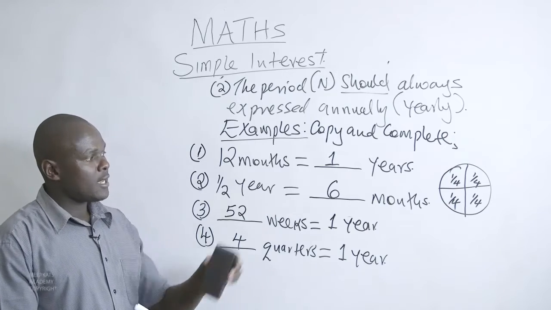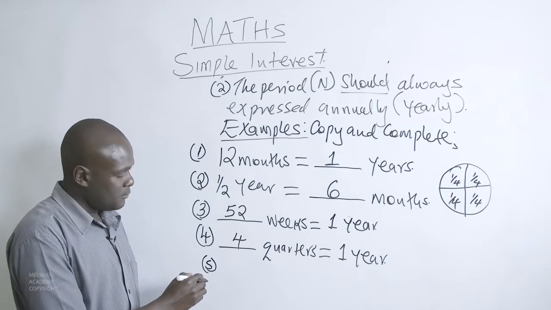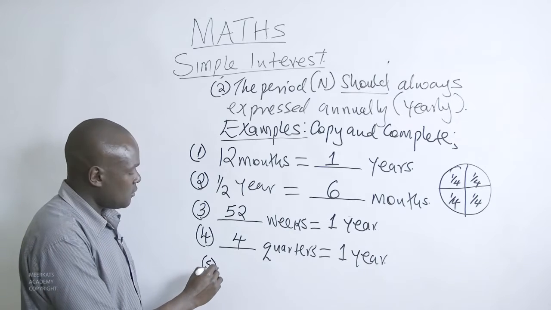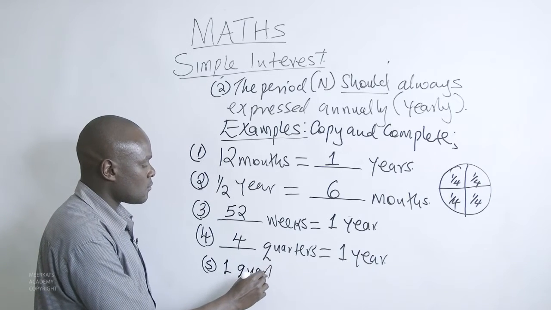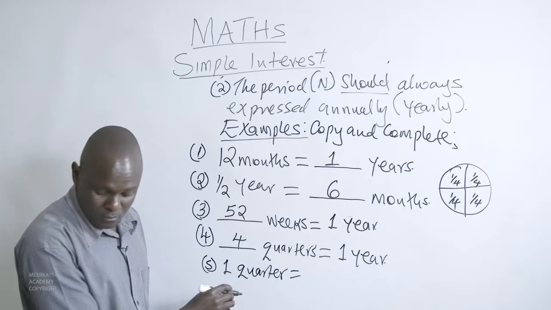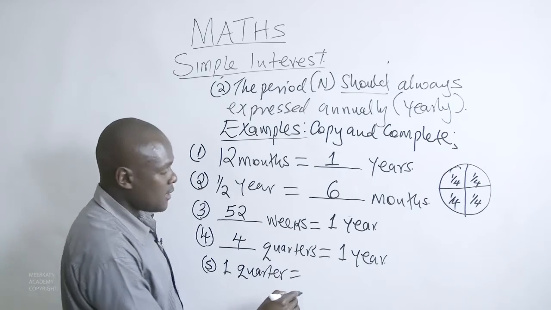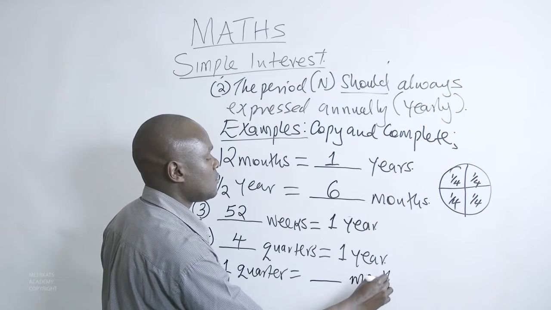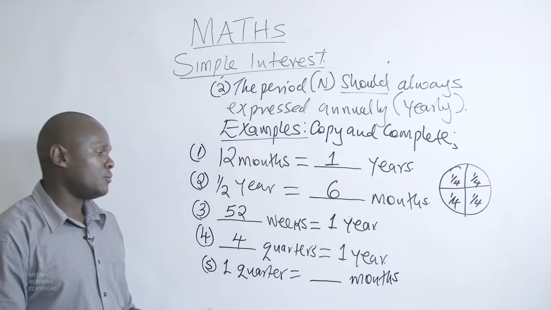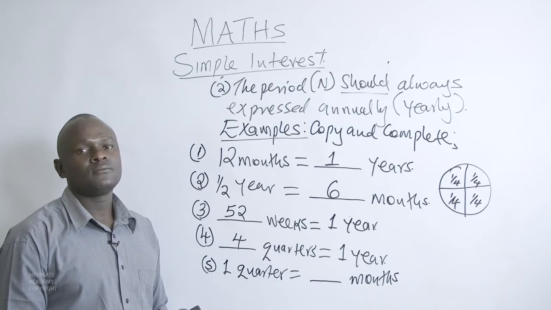And if 4 quarters are equal to 1 year, then help me to answer this question, that 1 quarter has how many months? Remember, a year has 12 months.